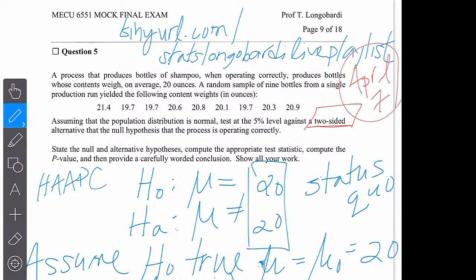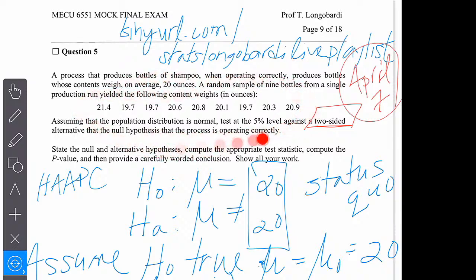So I asked you a question: what's a faster way of solving this problem? The faster way is to build a confidence interval around these values.